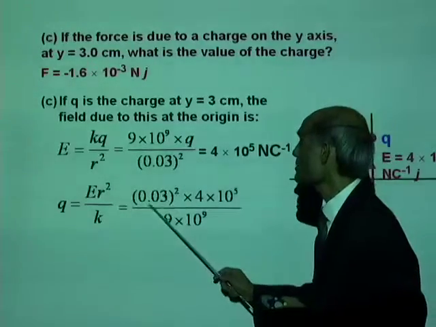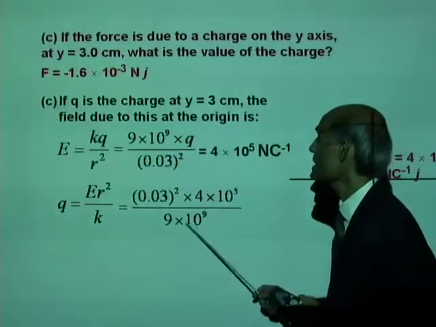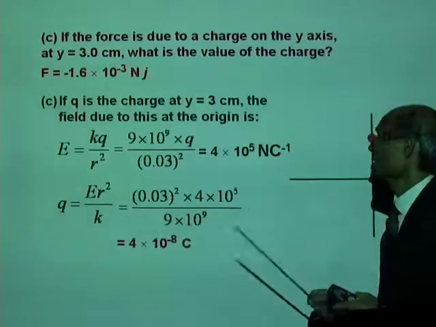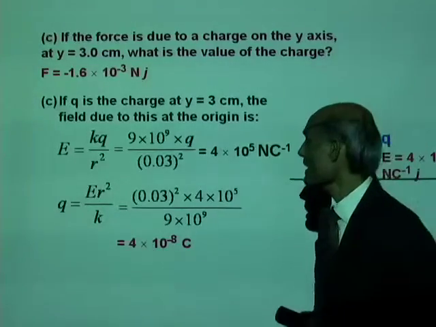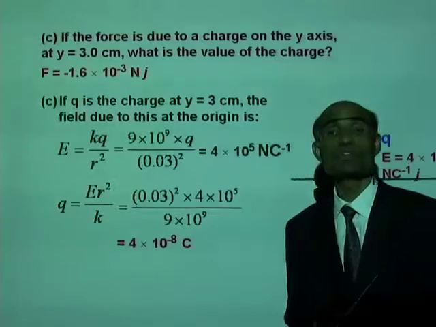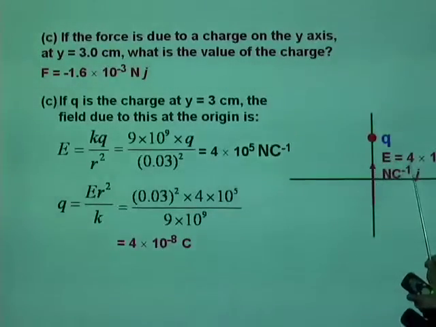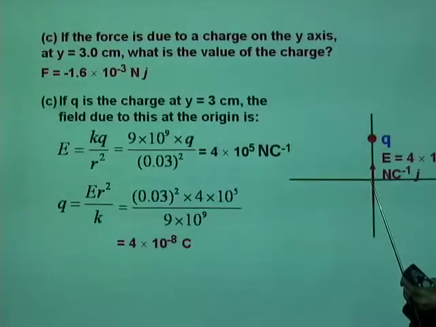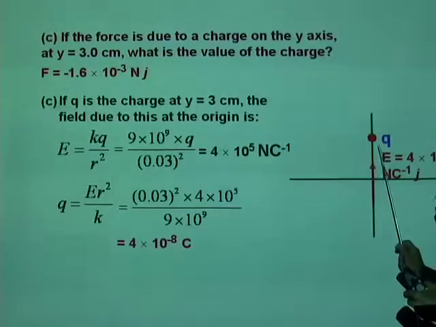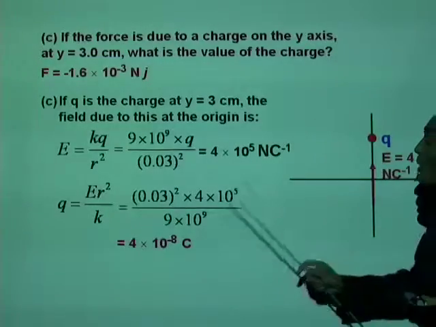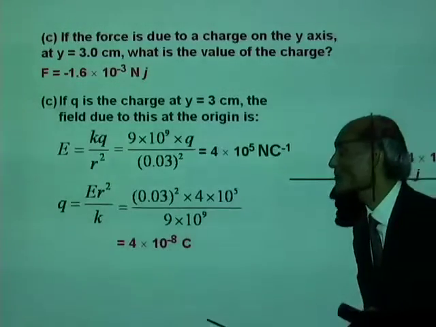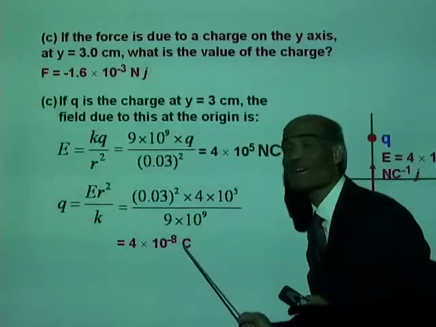So Q will be 4 times 10 to the negative 8 Coulomb. So the electric field of 4 times 10 to the 5 Newton per Coulomb at the origin was actually produced by a charge Q equal to 4 times 10 to the negative 8 Coulomb.